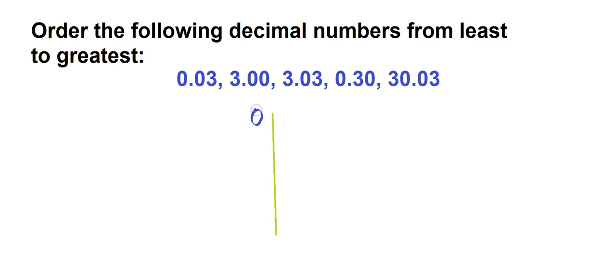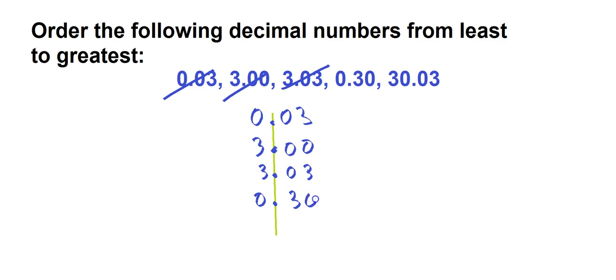So here we go, 0, there goes the decimal point, 0.3, that one's done, 3 point 0.0, this one here is 3.03, and again keeping these numbers in line, so keep all the digits in their place values, 0.30, and this last one here, 30.03.